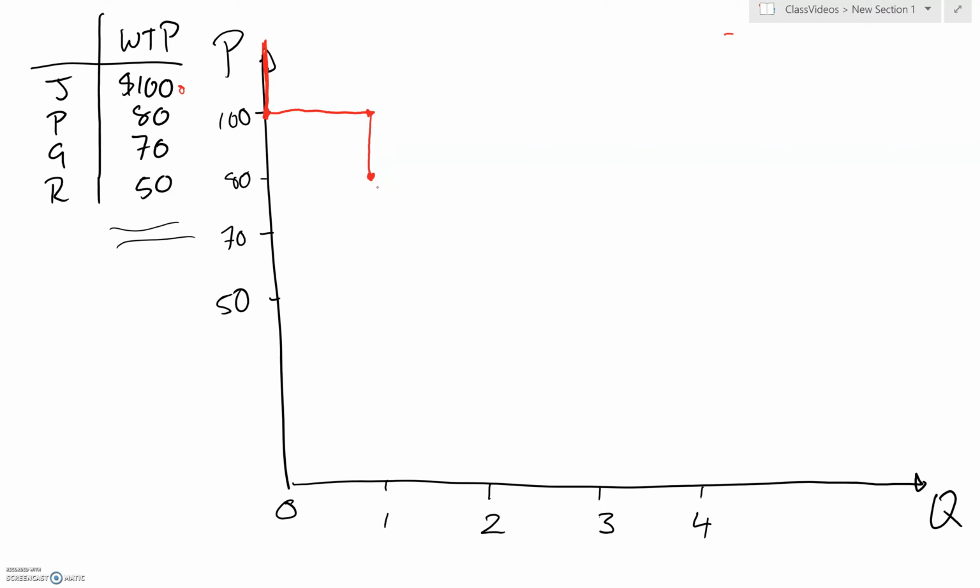And Paul, once we get to a price of 80, just becomes indifferent between buying and not. At a price of 80, Paul could either buy nothing or buy one item. But when the price is between 80 and 70, he will definitely buy the good.